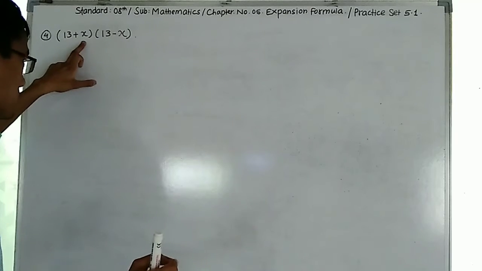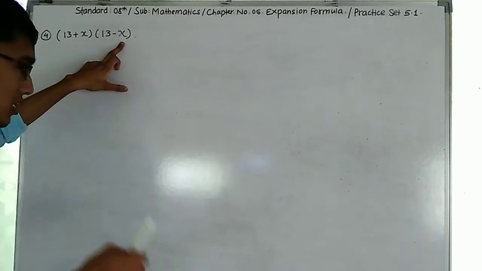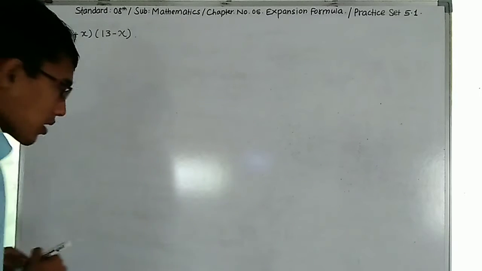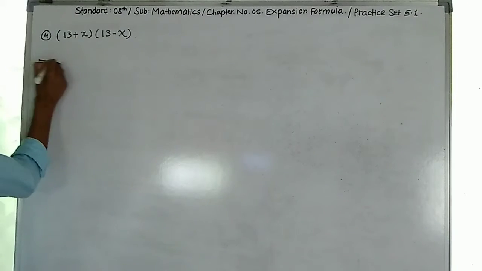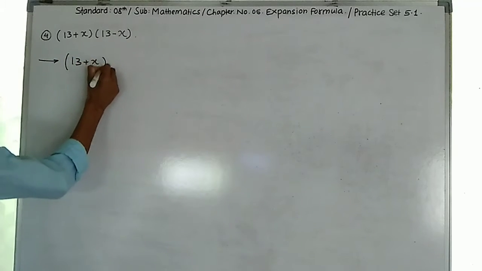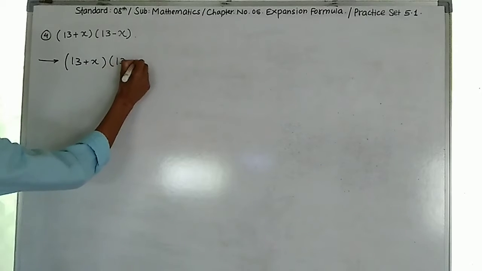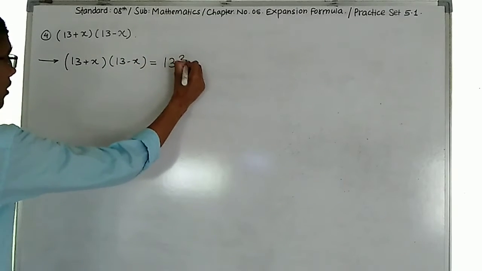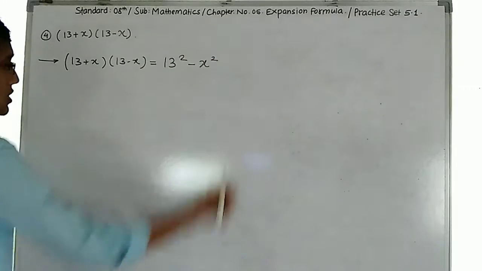So (a + b)(a - b) is equal to a square minus b square. Okay, so how can we write this? I'm going to note down 13 plus x and 13 minus x. We can write this as equal to 13 square minus x square.